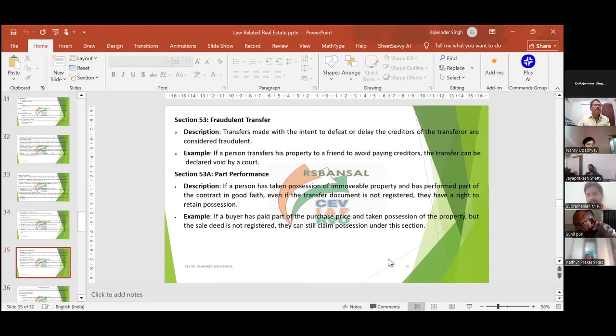Let us suppose person A has taken some loan from Mr. B, and has mortgaged his property to Mr. B. During this period he has not repaid the loan, but he transferred the property to Mr. C. So this transfer will be considered void.